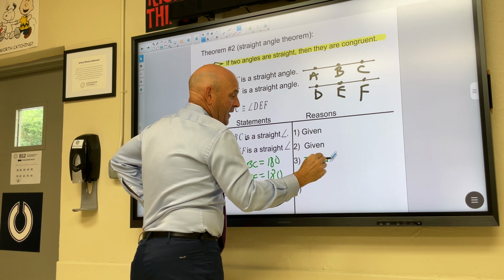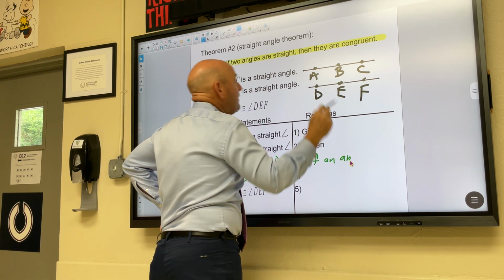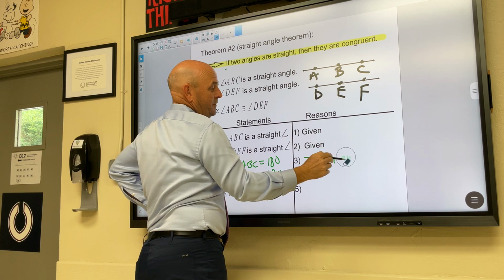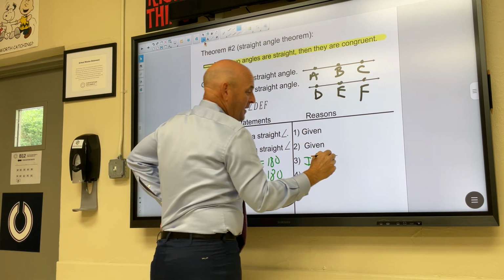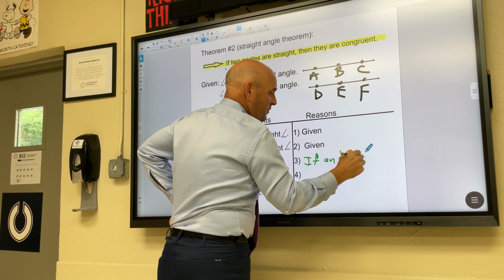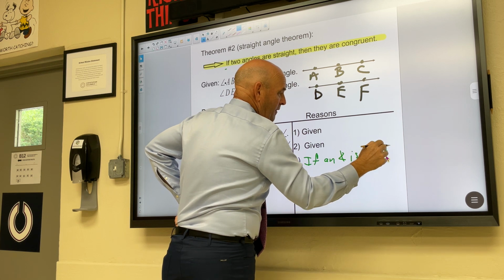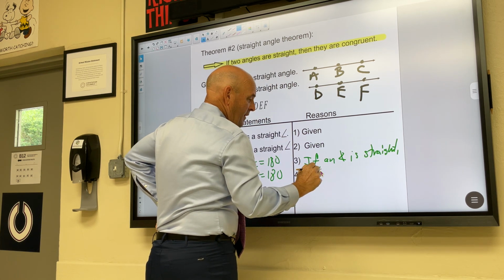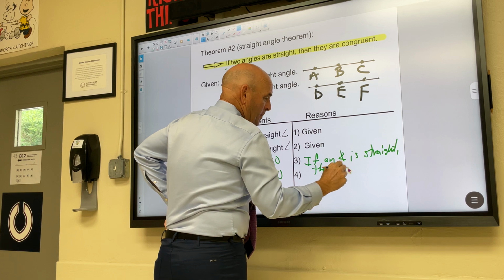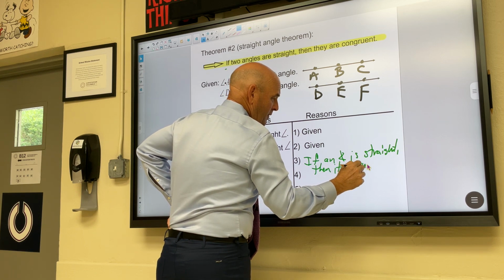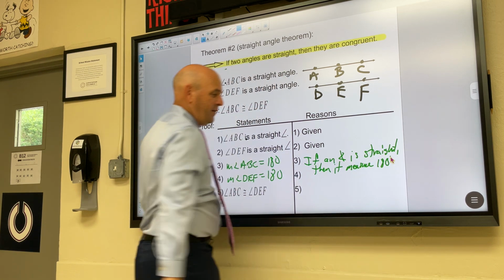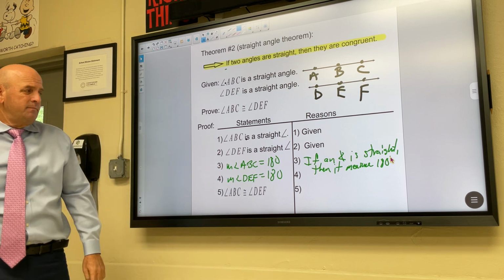If an angle is straight, comma, then it measures 180 degrees. And I'm only going to write that once.